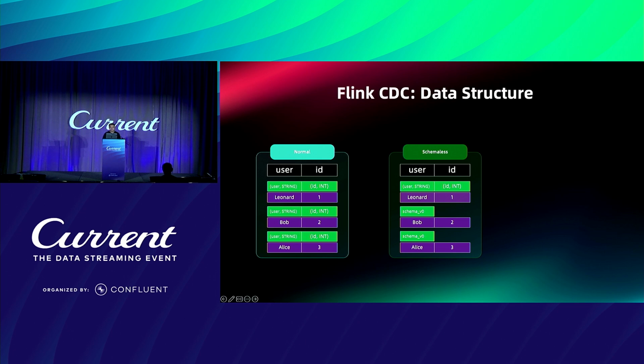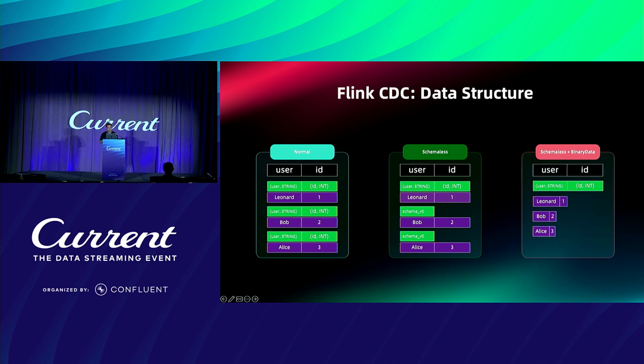In this way, we can save memory usage because we use a single schema ID to represent an entire schema. But is this enough? The answer is no. We finally introduced a binary data structure in a schema-less way. This design uses a binary data structure to save more memory and only sends the schema when necessary.